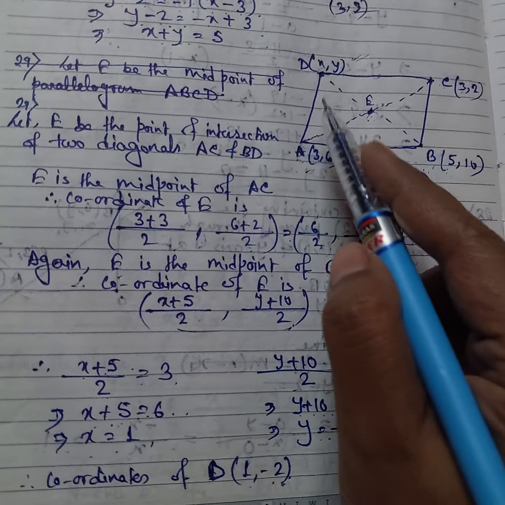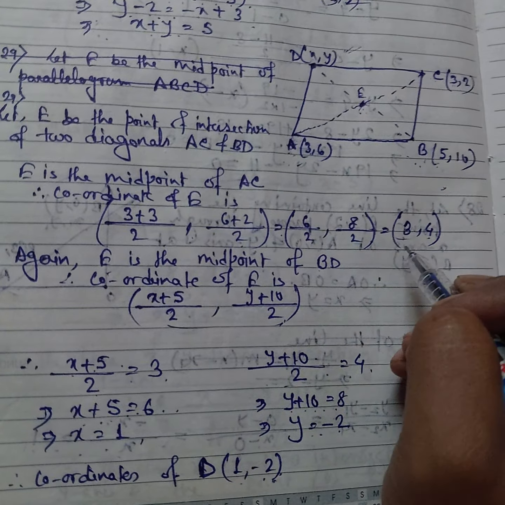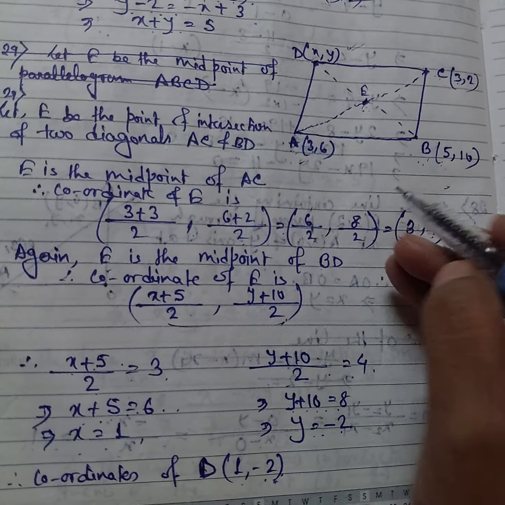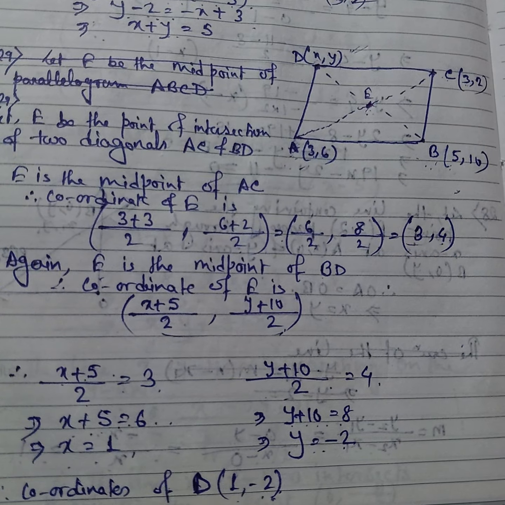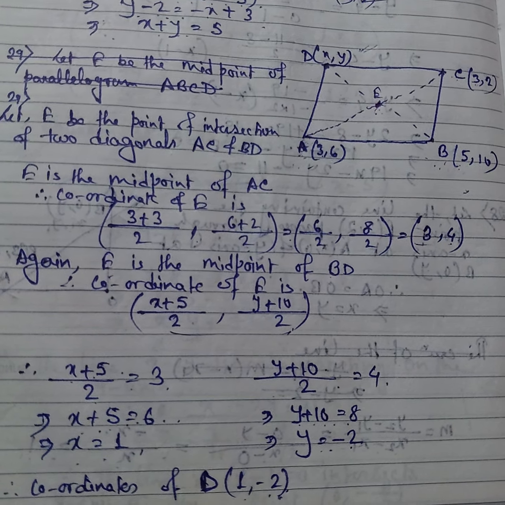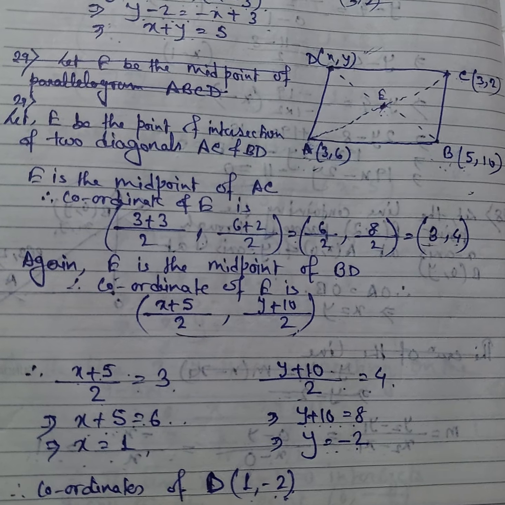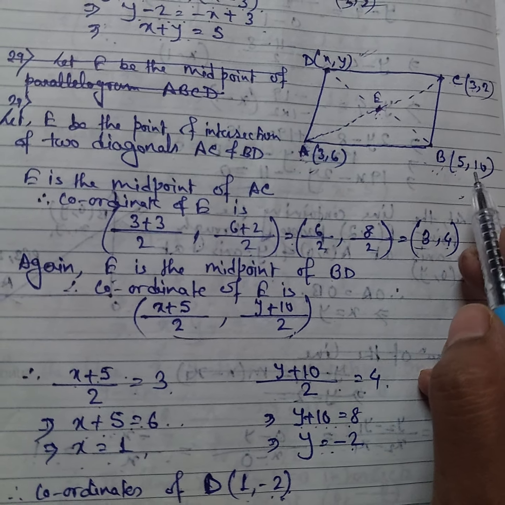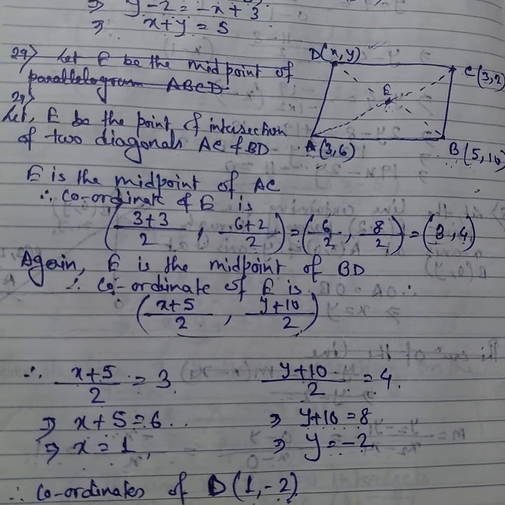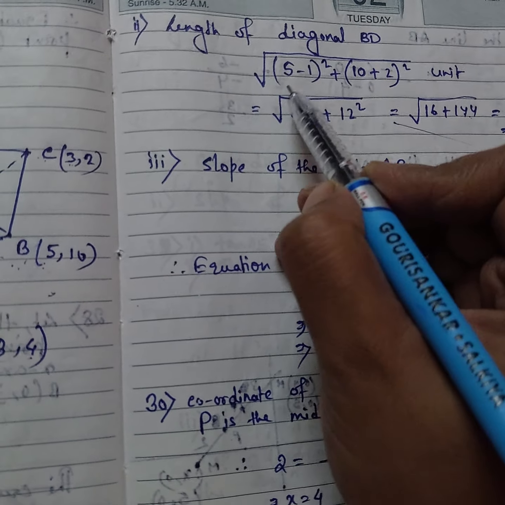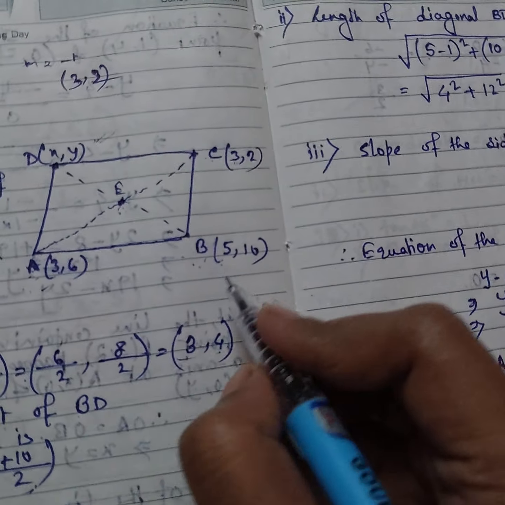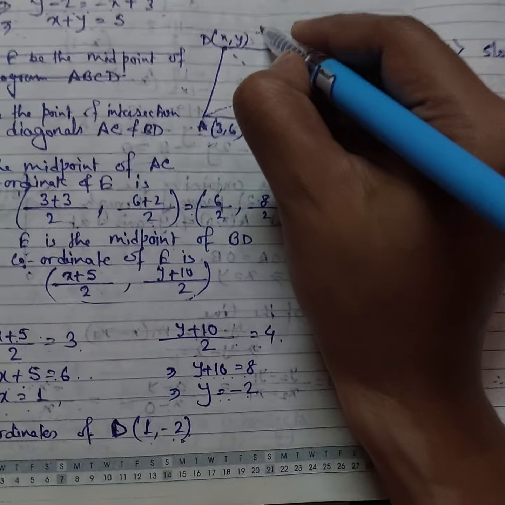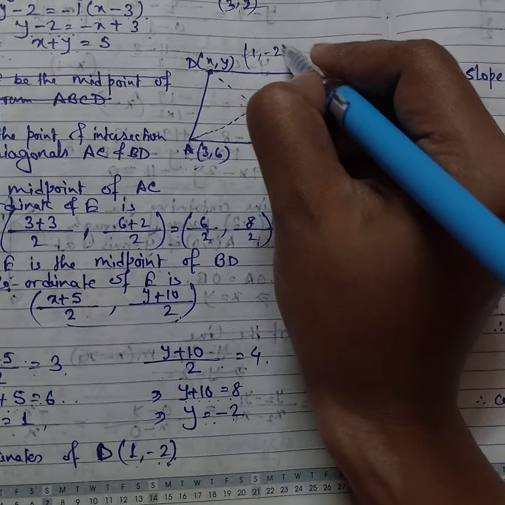Now you have to find the length of BD. So how will you get it? The formula is very easy. You know the formula: root under (x2 minus x1) whole square plus (y2 minus y1) whole square. Here one coordinate is given, you got the coordinate 1 comma minus 2.